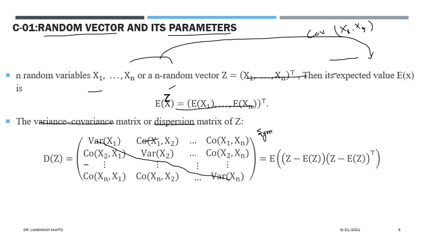In linear algebra you have already seen this. I would like to ask one question: what are the eigenvalues of a symmetric matrix? Can you say anything about the eigenvalues and eigenvectors of a symmetric matrix? Anyone? Kalpajit, do you know? Yes, try to answer.